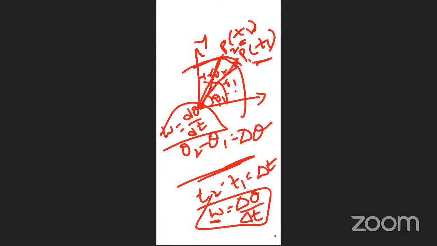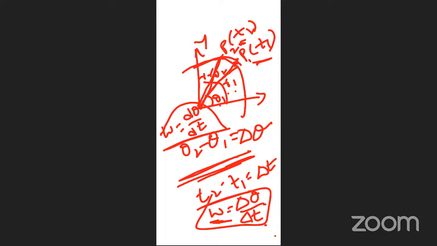The angular displacement is theta 2 minus theta 1, equal to del theta, and the time interval is t2 minus t1. So the angular velocity or speed is del theta by del t. Instantaneously, omega is equal to d theta by dt.